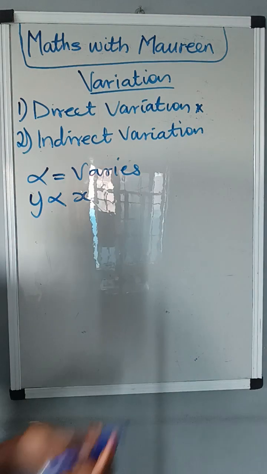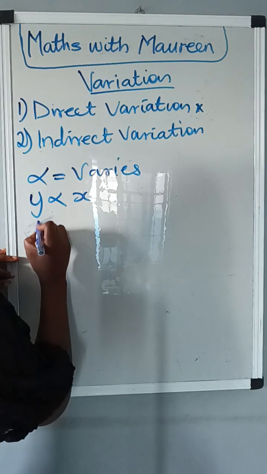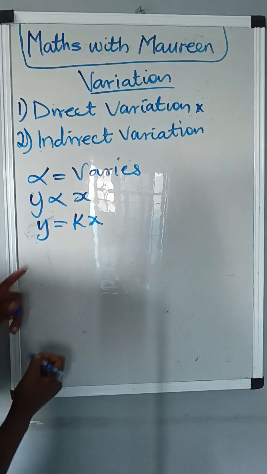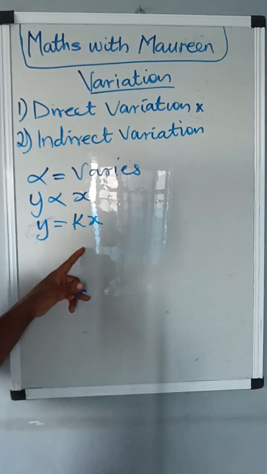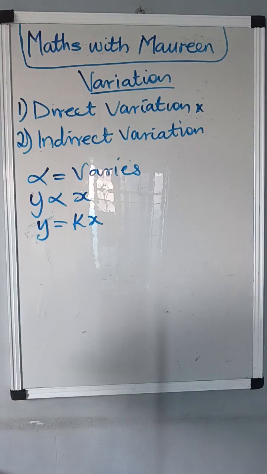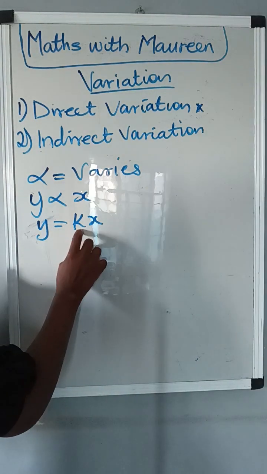So from here we have the equation for direct variation, which is y equals kx, where this k is known as the constant of proportionality or constant of what? Variation, okay?